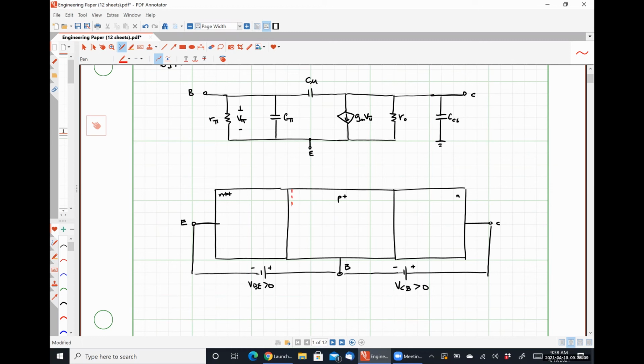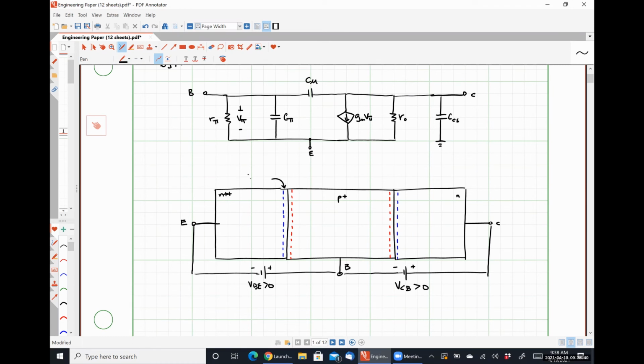So we're going to have a depletion region between our base emitter junction and our collector base junction, where we have some amount of charge stored.